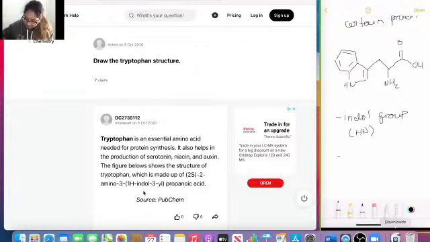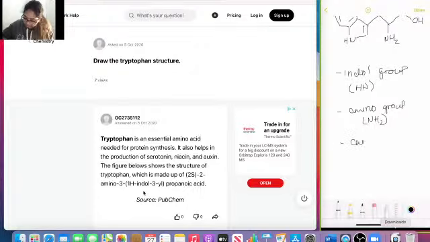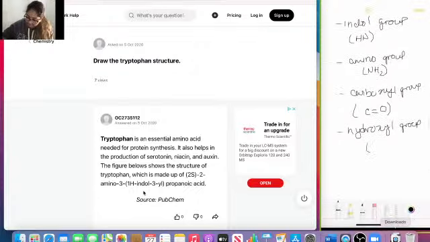We have an amino group, which is NH2. We have a carboxyl group, which is the C double bonded O. And then lastly, we have a hydroxyl group, and this is OH.